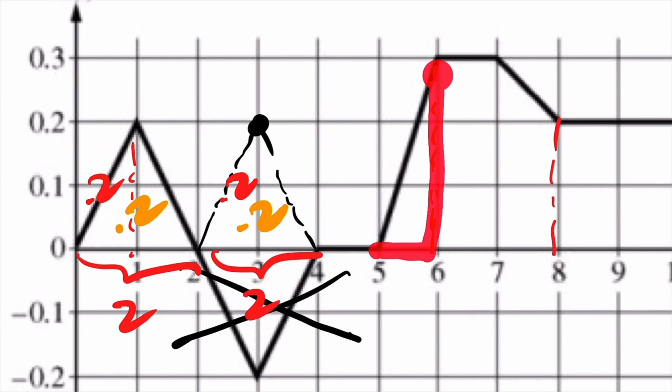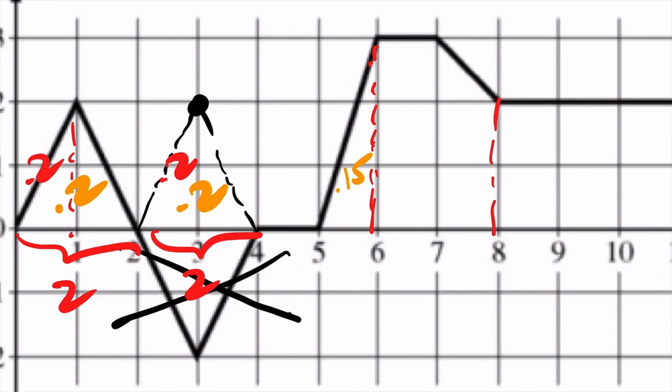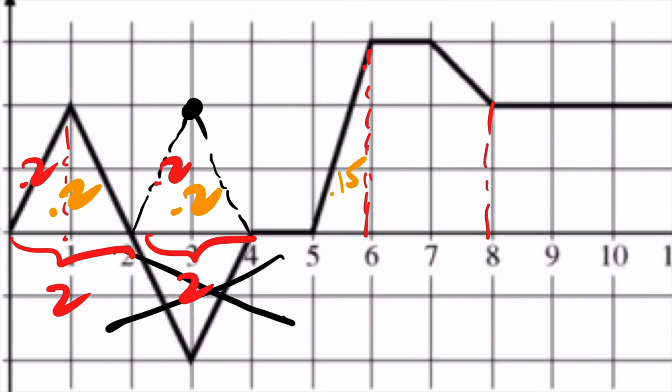So 1 times 0.3 is 0.3 divided by 2 is 0.15. Okay. Then I would probably break it up into this guy here, rectangle. 1 by 0.3 is 0.3.